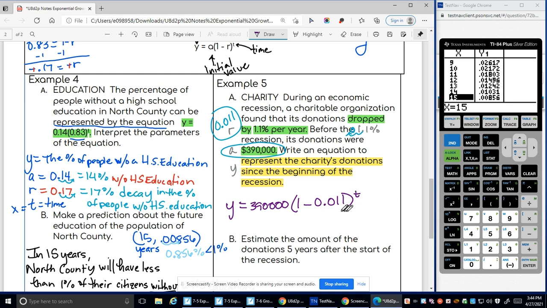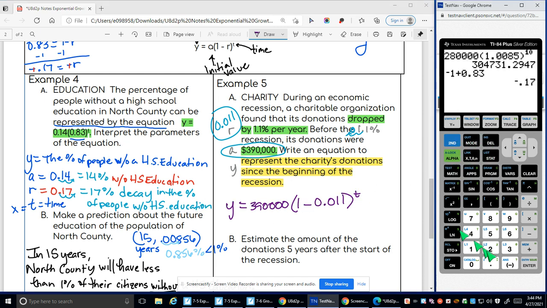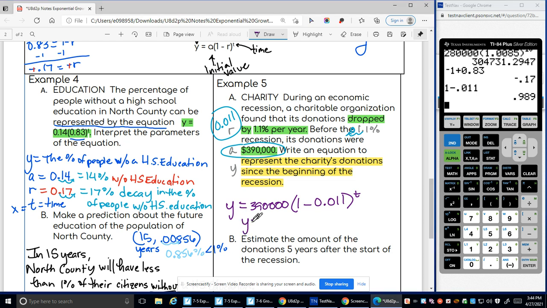And we might have it this way, although we probably want to simplify: 1 minus 0.011. And we have y is equal to 39, is it 39,000? No, it's 390,000. Hello, extra 0. Times 0.989 to the power of t. So yay, there we go. There's our equation.